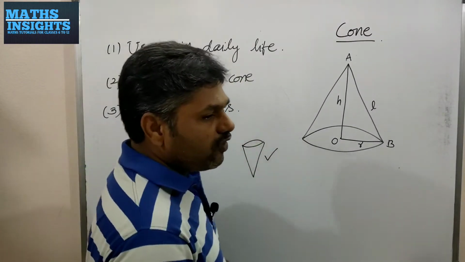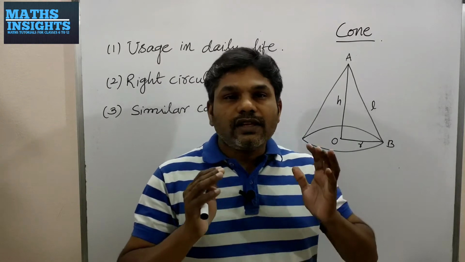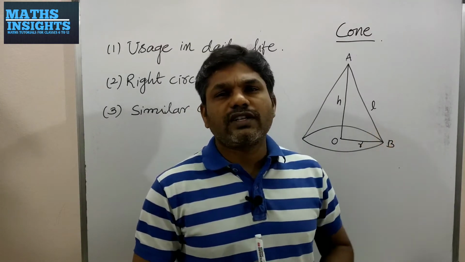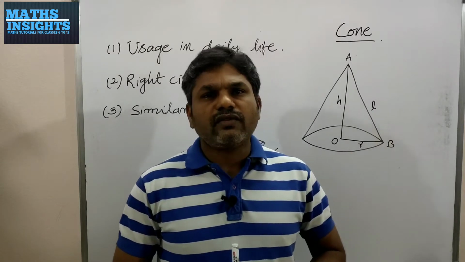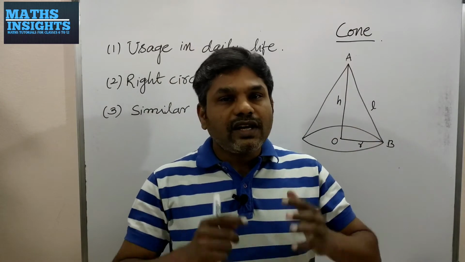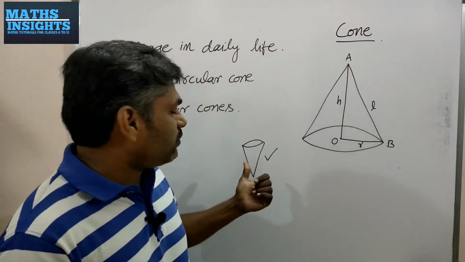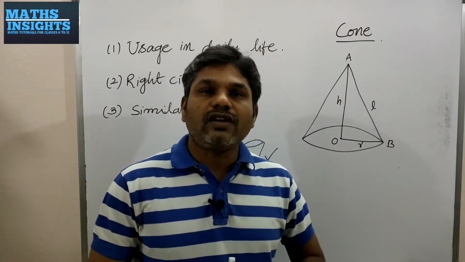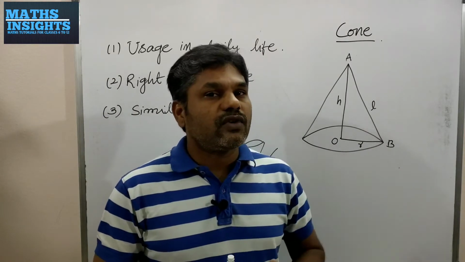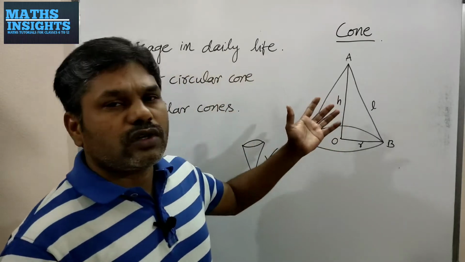And also you may have observed in the circus, you may have seen the buffoon, or during the Christmas festival the grandfather also wears one type of cap. That cap is also in this form. So all these objects which you have been seeing in our daily life are in the form of cone.